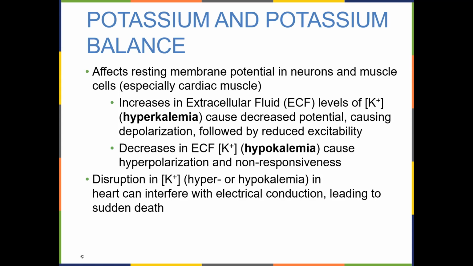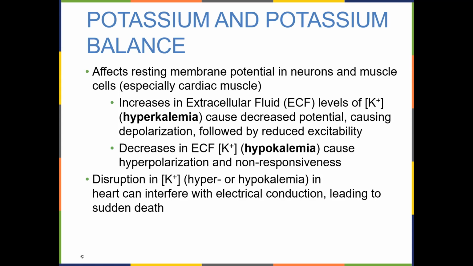It gets harder to get to a threshold level, whether it's a muscle cell or a nerve cell. If we have lots of potassium outside the cell, then it's easy to get to threshold. And we're more likely to have a depolarization event, but then we can't get back to another one. We've depolarized. But if all the potassium is outside, how are we going to repolarize?